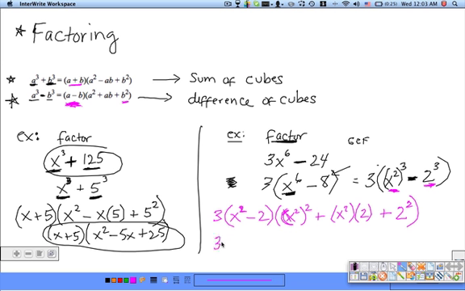The easy part, hopefully, is the simplifying. You get x squared minus 2, and then we got x squared squared, so x to the 4th, plus, put these together, 2x squared, and then plus 4. There we go. We have now done a sum of cubes and a difference of cubes.